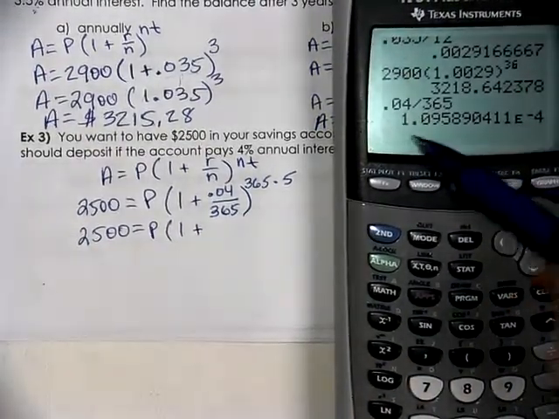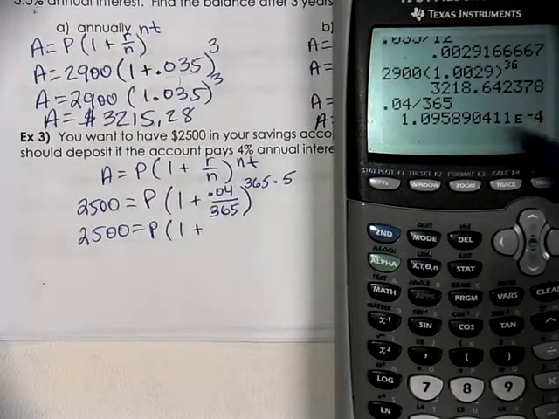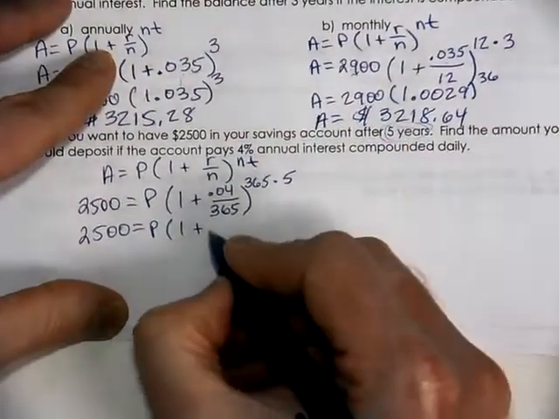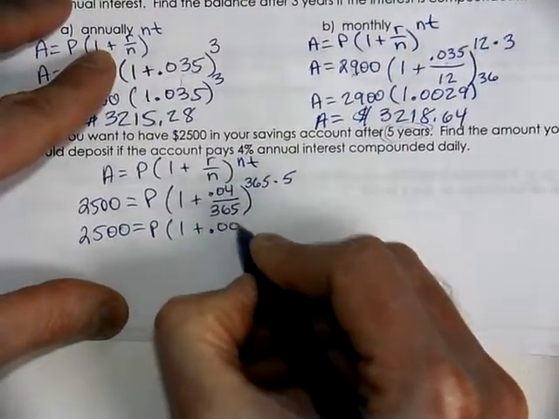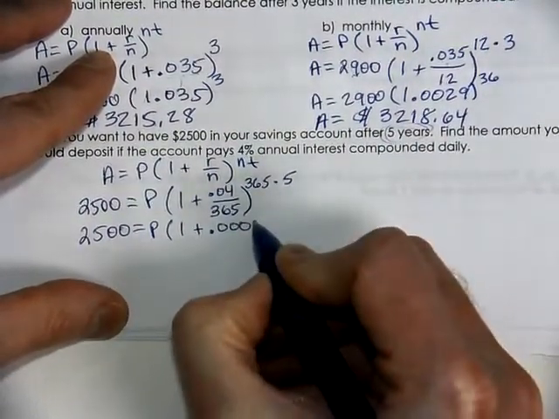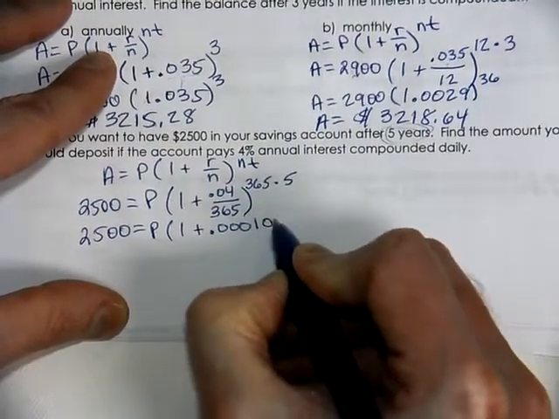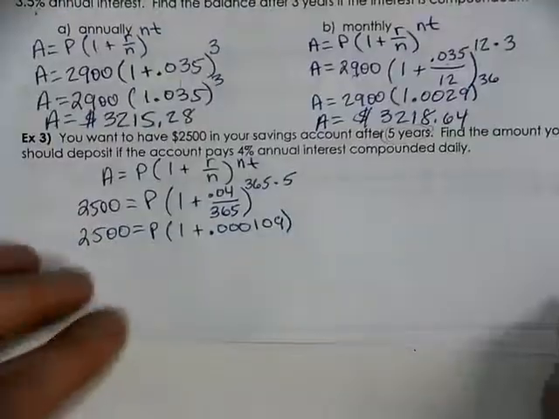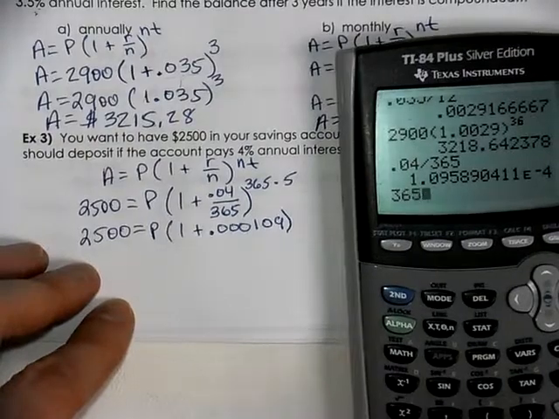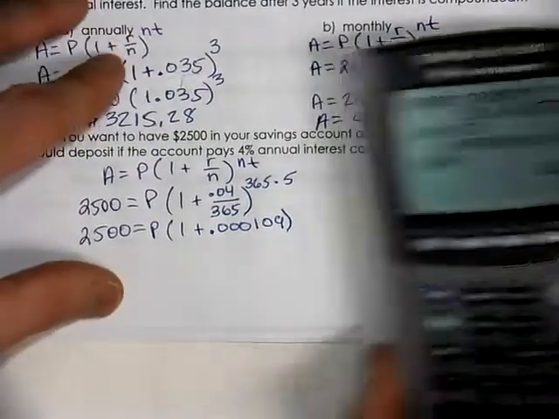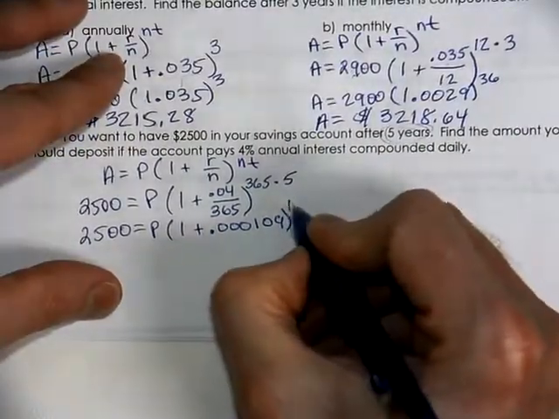Look at how this says e to the negative 4. That means we go 4 decimal spots, which would put in 3 separate zeros. And 365 times 5 would give us 1825.